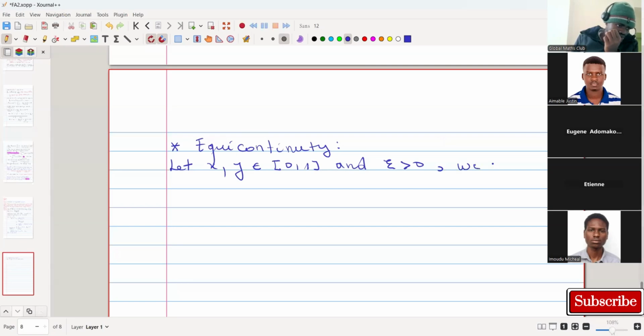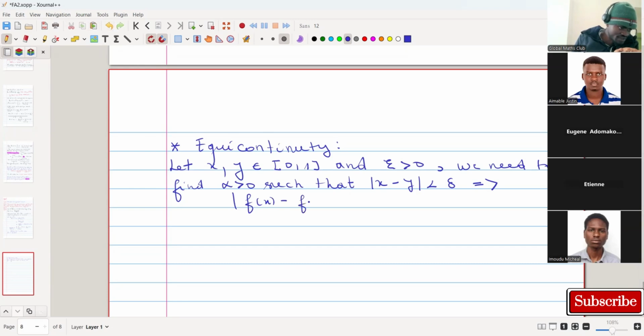We need to find delta positive such that the distance between x and y, we are in R, so the distance d(x,y) is |x minus y|, less than delta, implies the distance between fn(x) and fn(y) is less than epsilon. We are in R, so the distance here is just the absolute value.